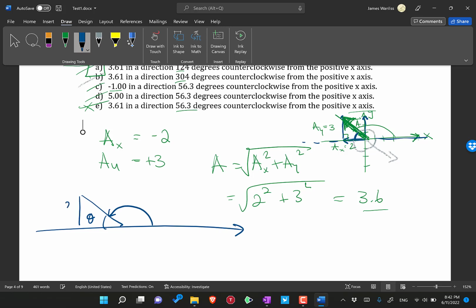We've got a 3 over here and a 2 over here, and if this is theta, the side opposite theta is the opposite side. This is the adjacent side, that's the hypotenuse. I learned as a high schooler, still remember it, SOHCAHTOA. Sine is opposite over hypotenuse, cosine is adjacent over hypotenuse, tan is opposite over adjacent.